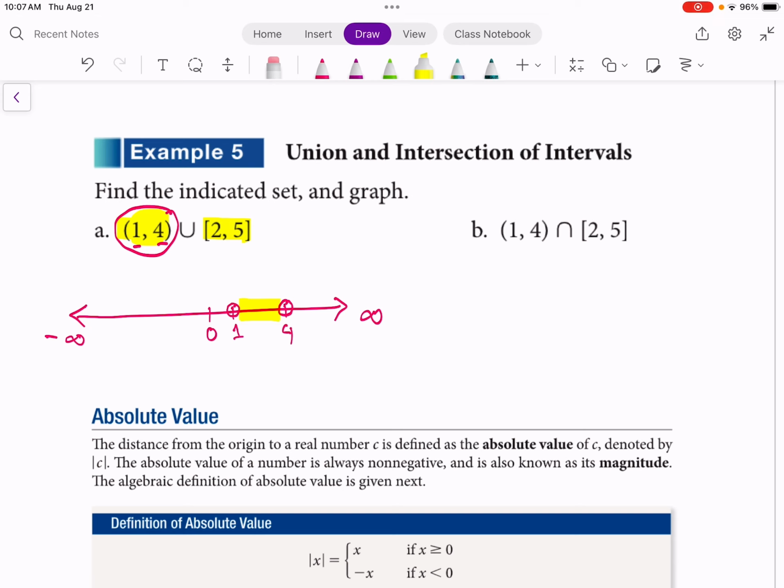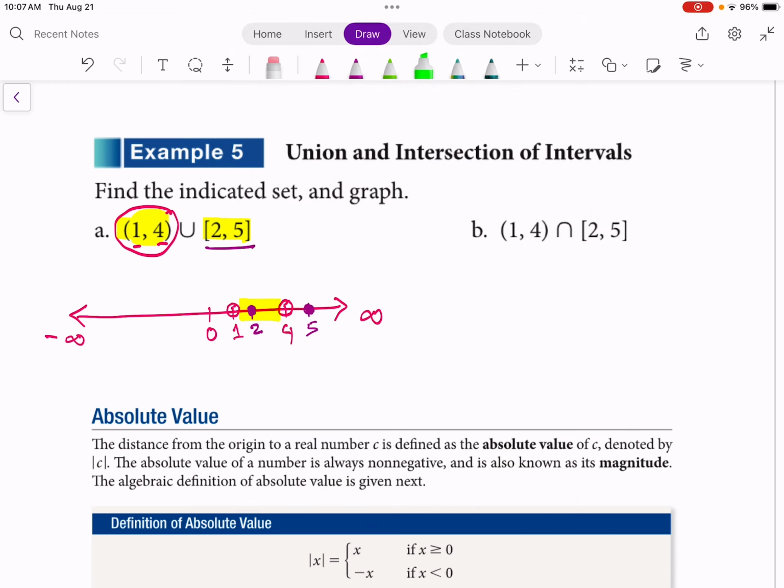Now in the similar way, let's graph our next set. So we have this one. So [2, 5]. So 2 is here, 5 is here. Okay. At 2 and 5, we have a bracket. So we are using a closed circle. So we have a closed circle at 2 and closed circle at 5.